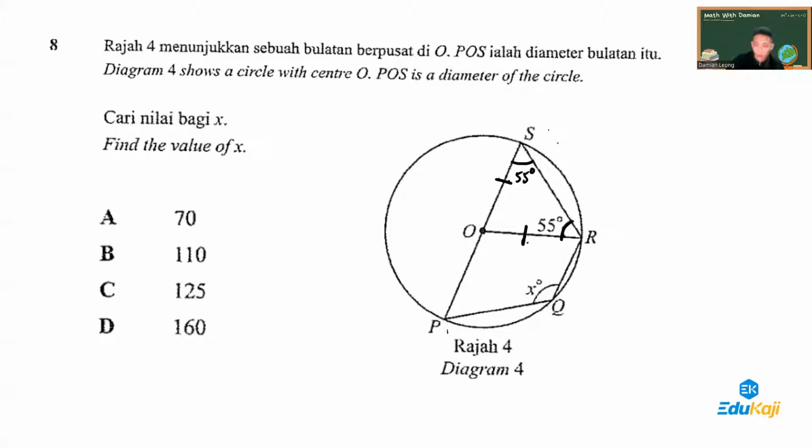Then we can look at the cyclic quadrilateral PQRS. In a cyclic quadrilateral, opposite angles add up to 180 degrees. I already know here is 55. This is x, means x is 180 minus 55, which is 125. Answer C.